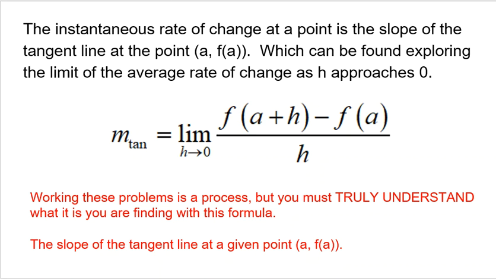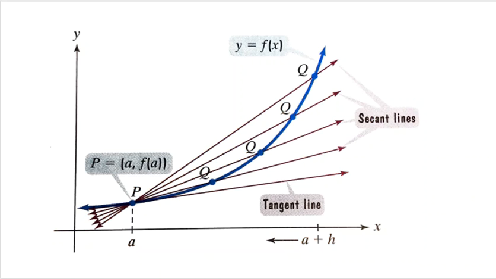If you're looking for one more way to visualize this, here's a second, much nicer picture than mine. It shows the point P, the original point at x equals a that we want to find the slope of the tangent line at. The tangent line is this line right here that only crosses the function at that point P. But to find that line, we have to think about that second point Q. Anytime we connect 2 points, that's called a secant line.